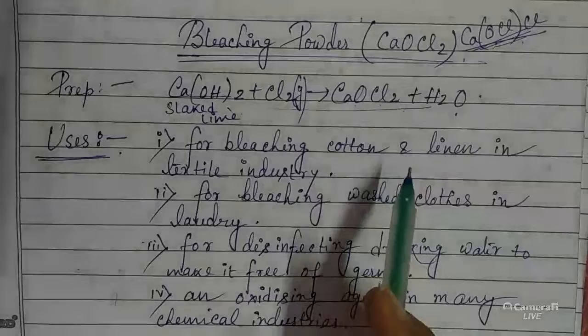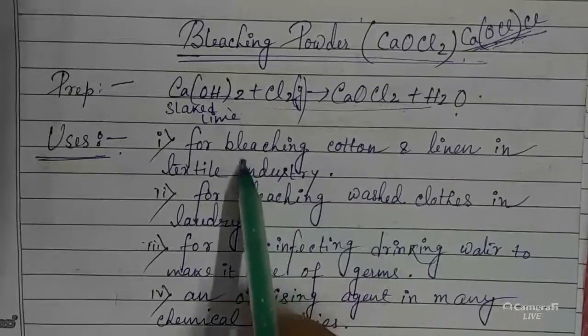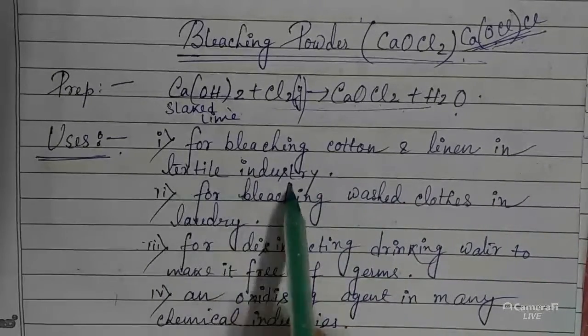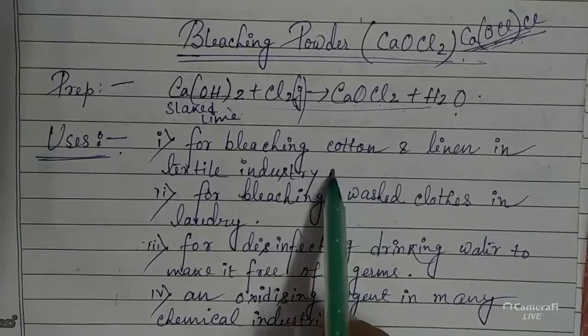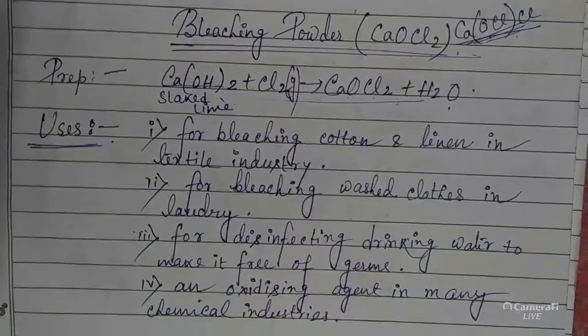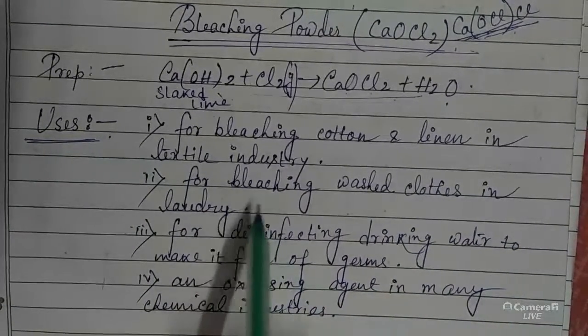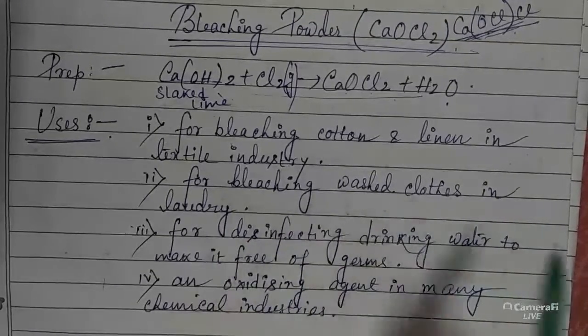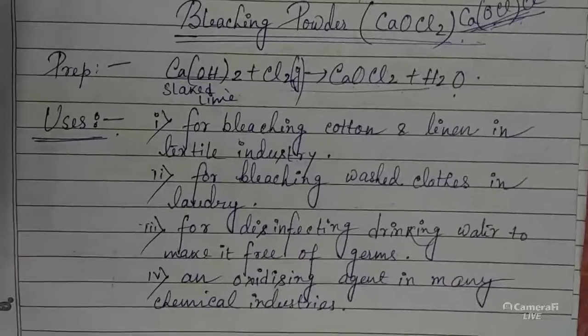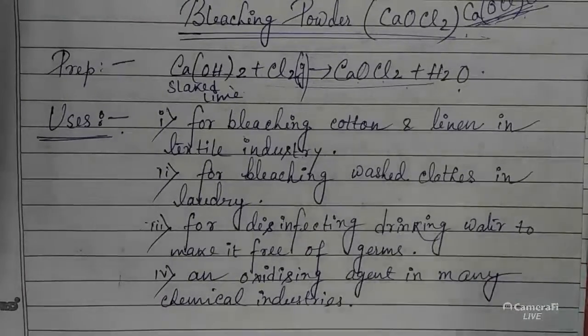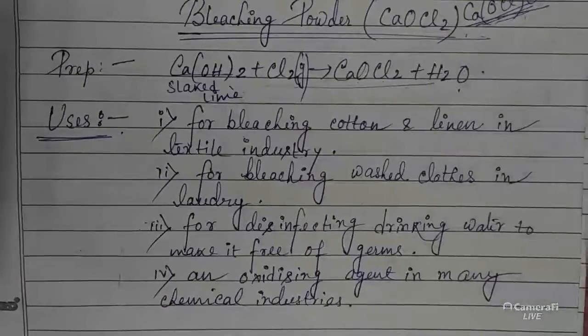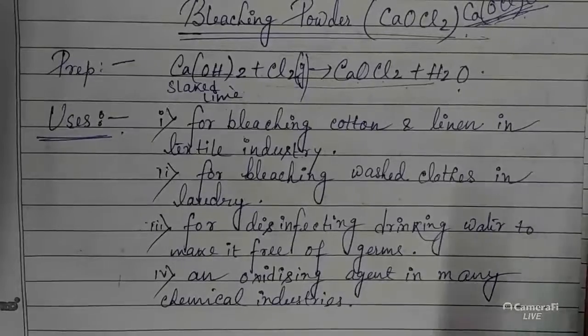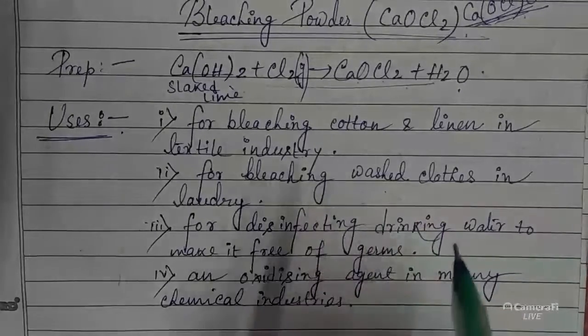Bleaching powder is very much used in the textile industry. This is the first use of the bleaching powder. Okay. For bleaching the washed cloths in laundry also, sometimes we give our clothes to laundry for washing, so there also bleaching powder we can use.